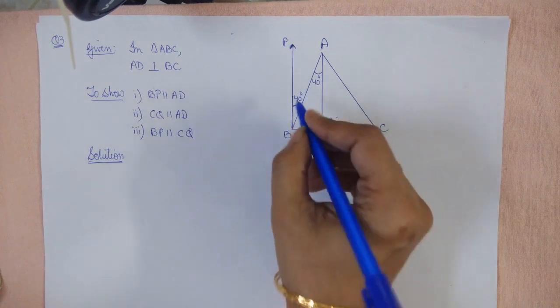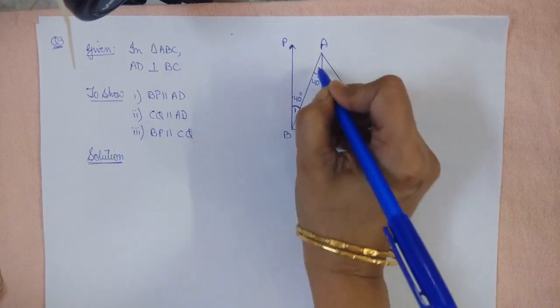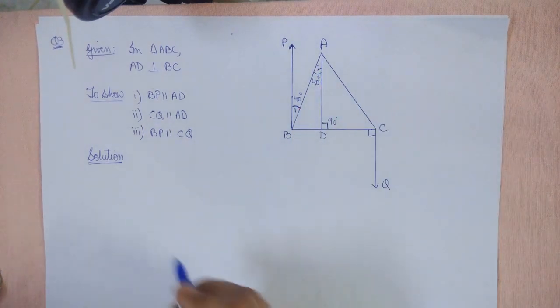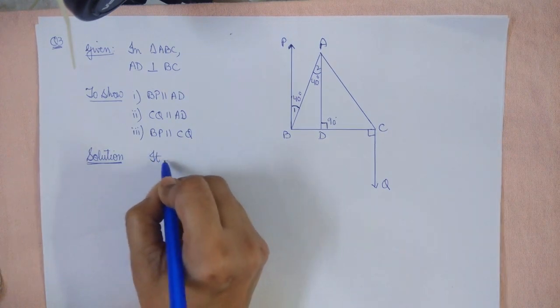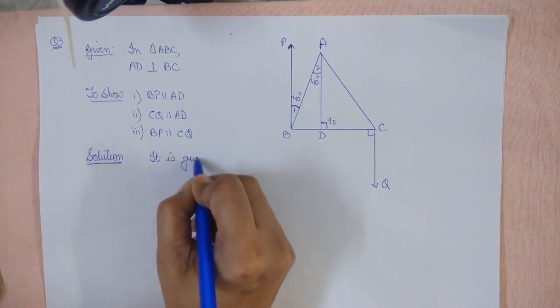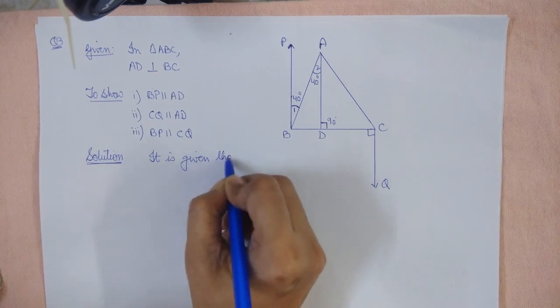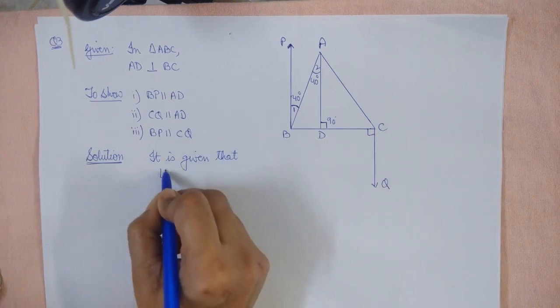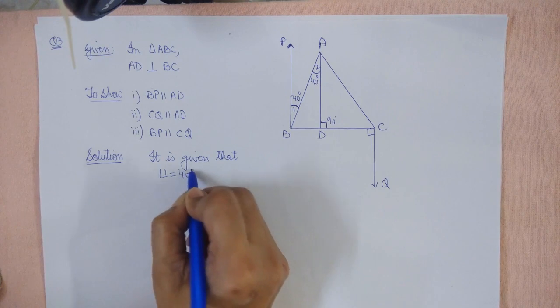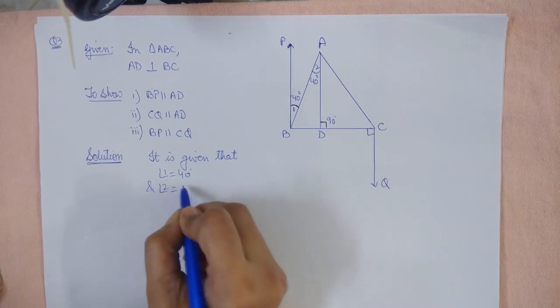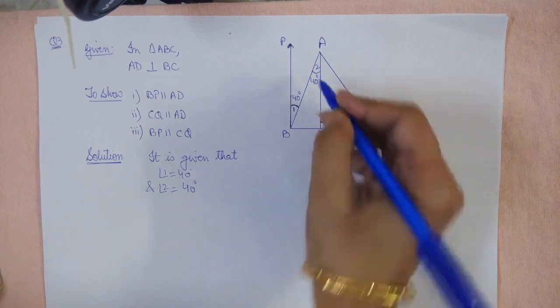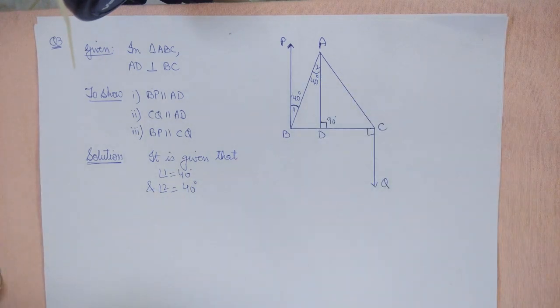Look here. Let these be angle 1 and angle 2. It is given that angle 1 equals 40 degrees, it is already given, and angle 2 is also 40 degrees, it is already given over here.